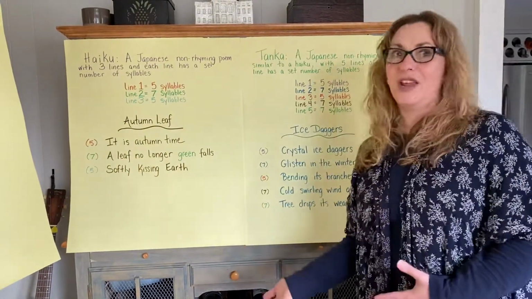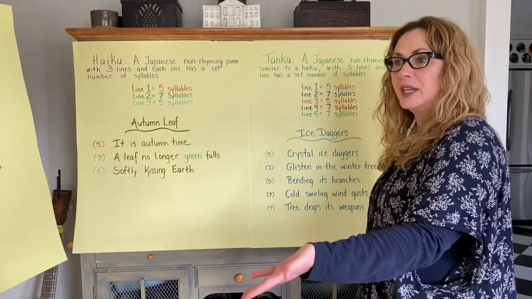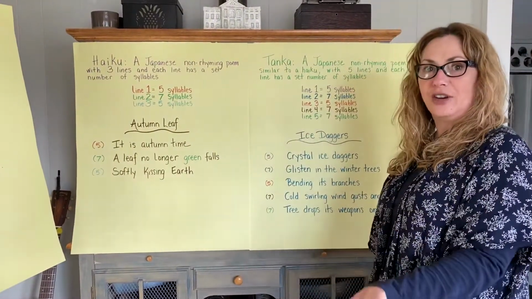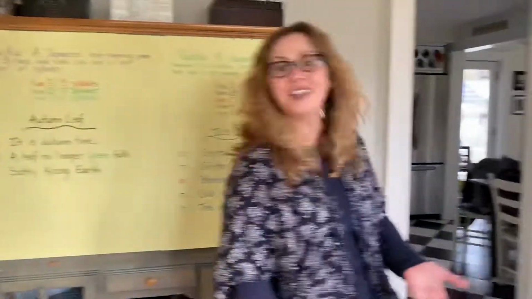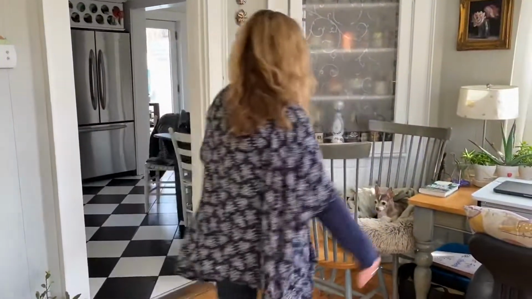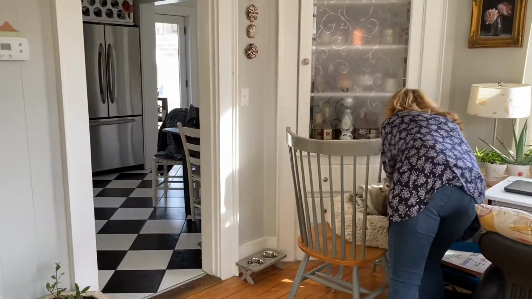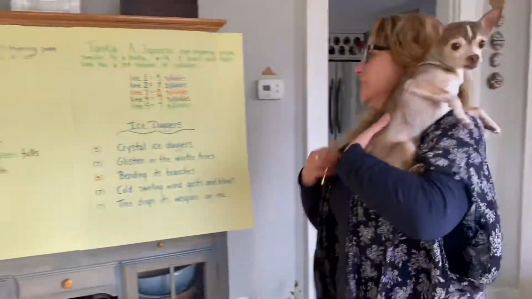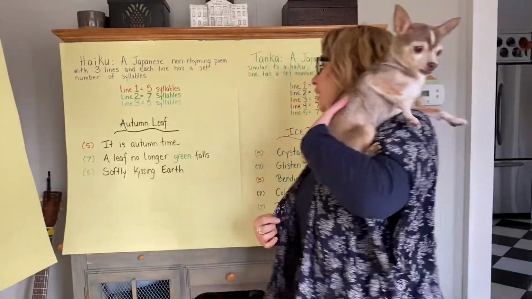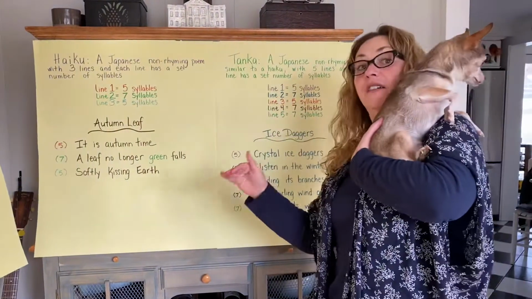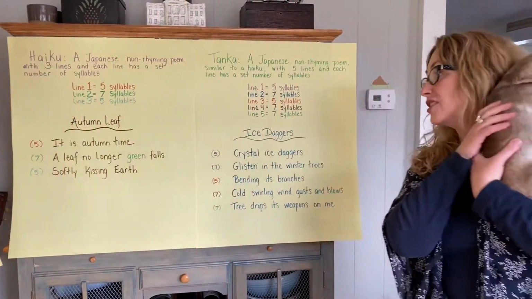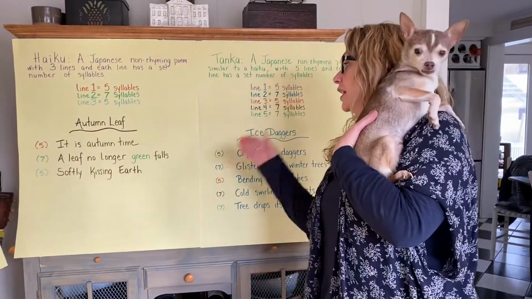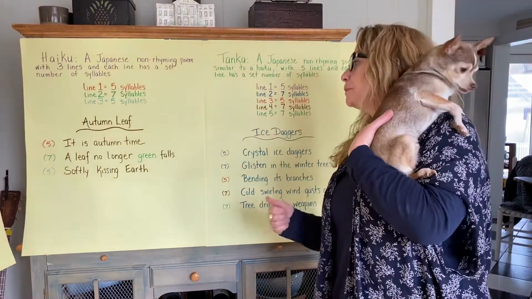So if personification is giving human characteristics to an object or animal, speaking of animals, come here, George. You're gonna have to help me teach. Okay. So 5, 7, 5. Let's make sure that the first line of Autumn Leaf is 5 syllables.